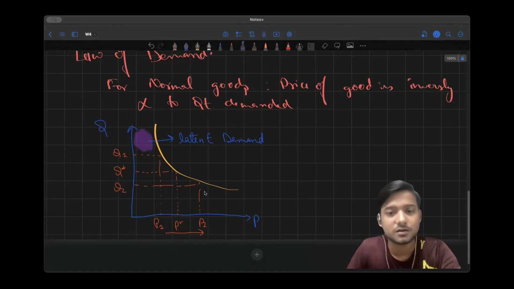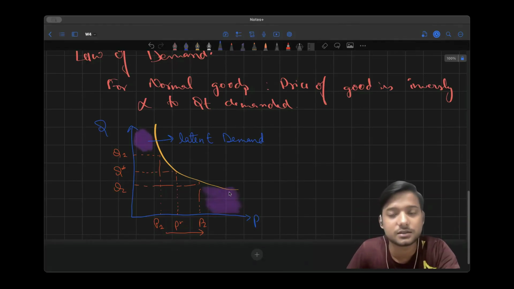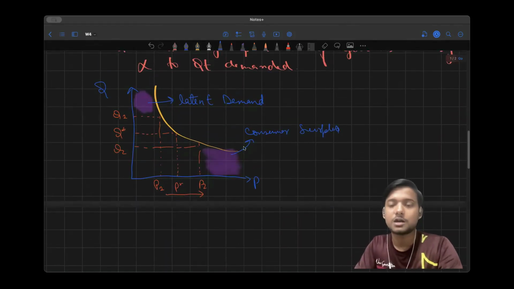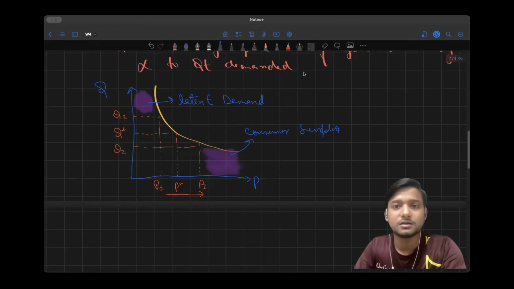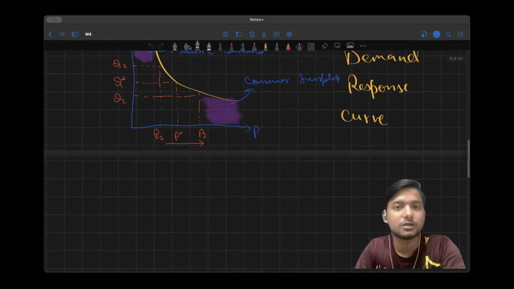And this part, basically the part which you are seeing after P2, is called consumer surplus. Okay. Now let's understand what is this latent demand, what is this consumer surplus, and this thing is known as demand response curve. In short, you can say DR curve.